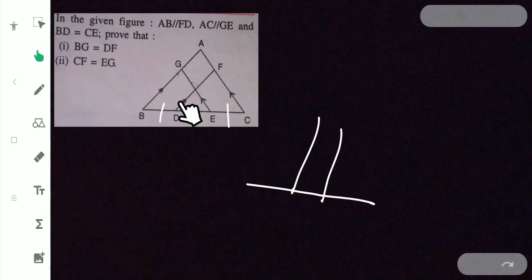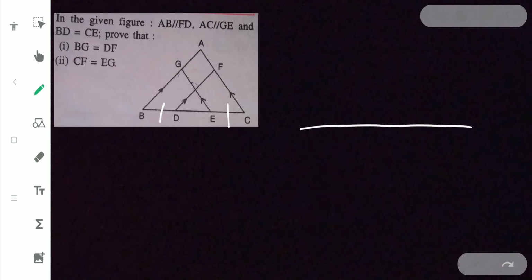Now from here we have angle ABD. Here you can see angle ABD is equal to angle FDE, because this line is parallel and a transversal is going through. When these two lines are parallel, I have already said this in the previous videos, so you can check it out. I will draw it here horizontally.